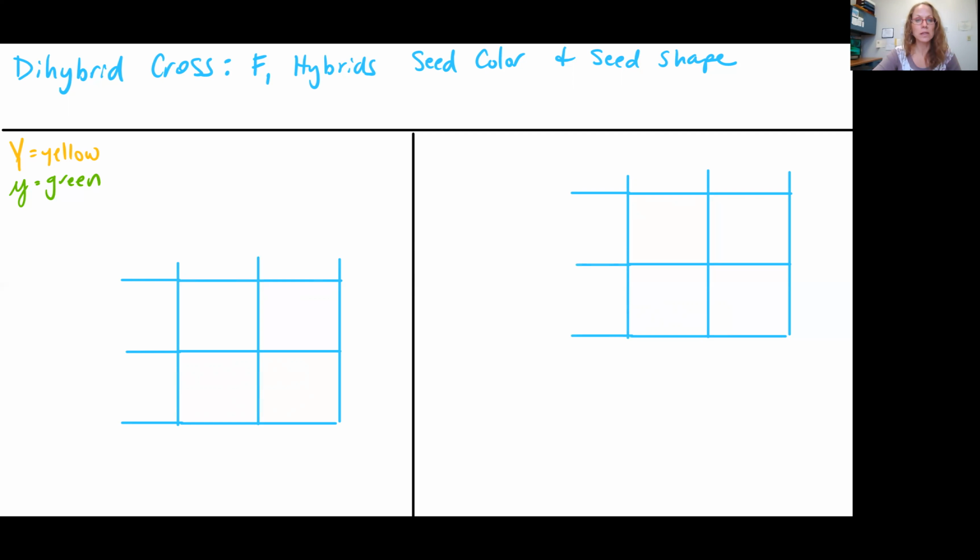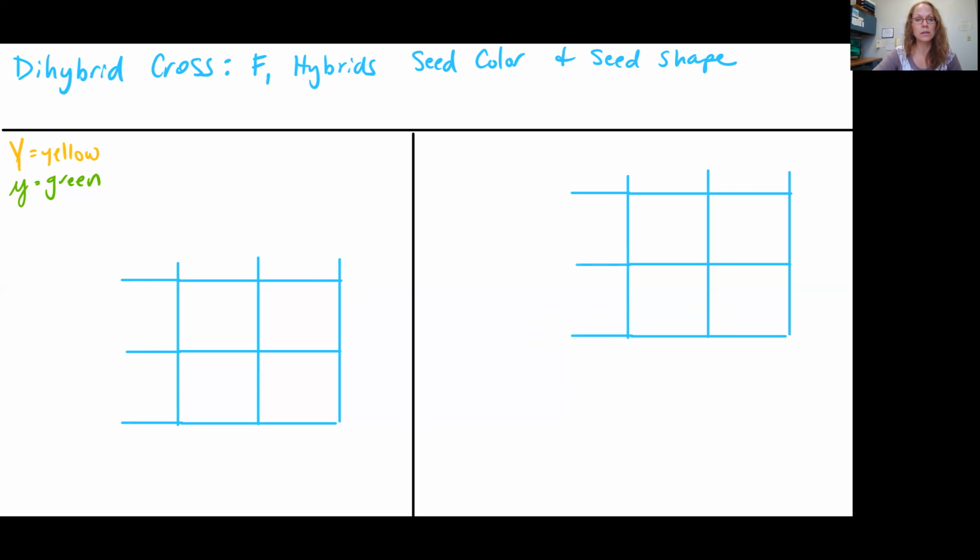Now we're going to look at seed color. Peas can either be yellow or green. Yellow is the dominant form. So I'm going to use the letter Y as my representation of my allele here. My capital Y will represent my yellow color, which is dominant, and my lowercase y will represent my recessive allele, which in this case is green.